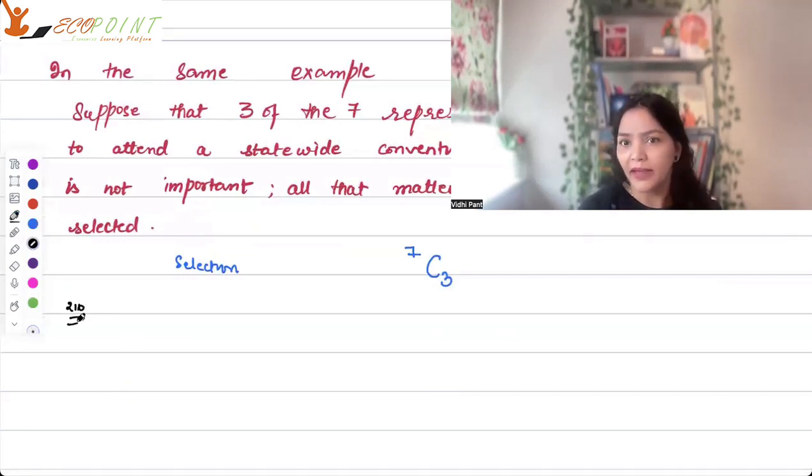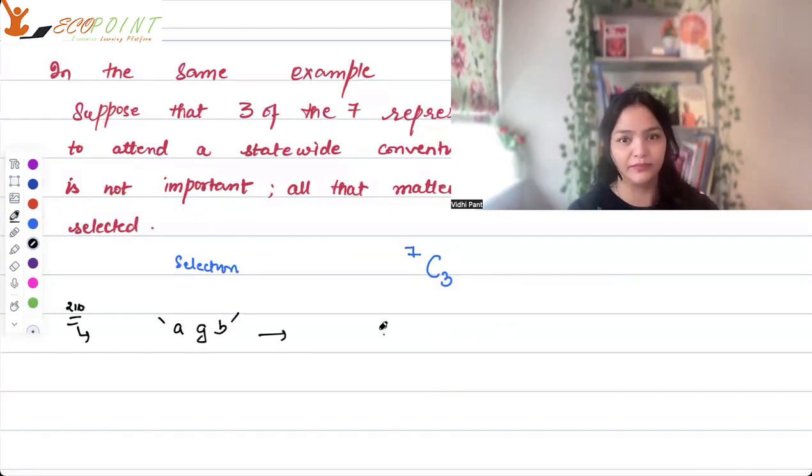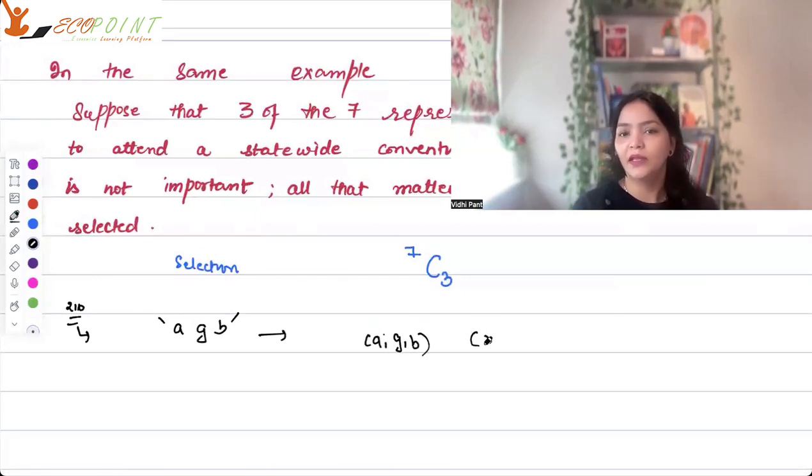But their order matter कर रहा था, right? These 210 cases include cases like suppose A, G, B are selected. Now A, G, B in 210, you just don't have A, G, B. You have all arrangements of A, G, B. आपके पास A, G, B भी है, A, B, G भी है, it's separate case है, G, B, A भी है, G, A, B भी है.